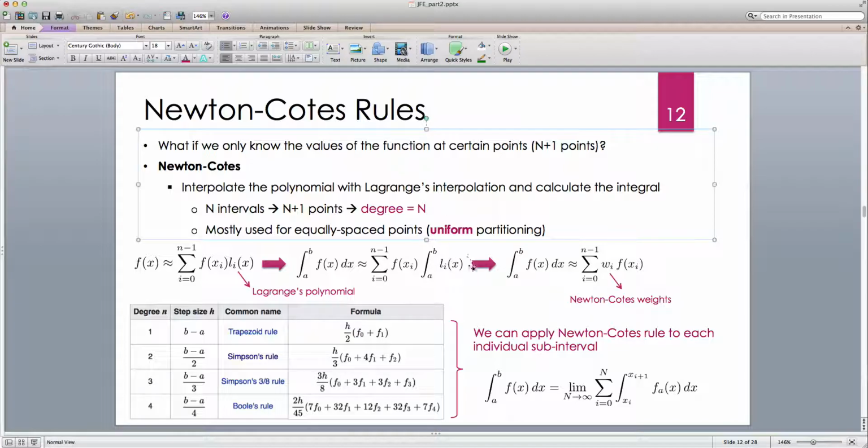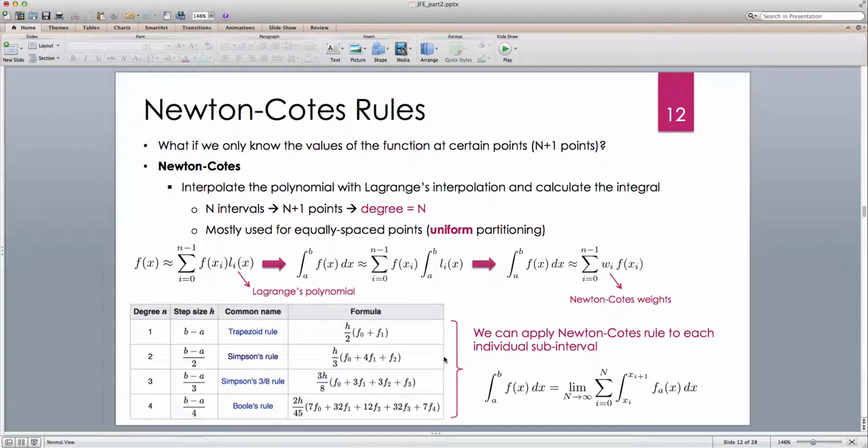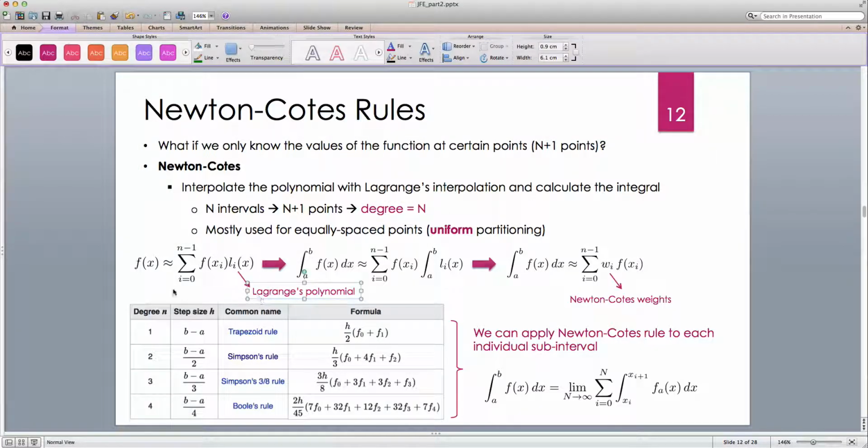And how do we find these polynomials? These are exactly the Lagrange polynomials, which we discussed in Simpson's method. So Newton-Cotes says, okay, try to interpolate the function using a polynomial of degree n based on the points that you have. It's the Lagrange polynomial.